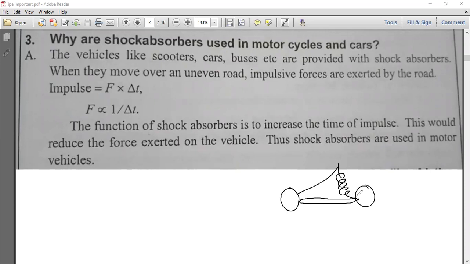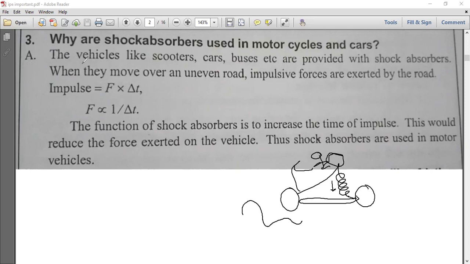And here is a seat, suppose, and this is just a rough diagram, and you are sitting here. So what happens when there is any uneven road? Suppose a road like this is there. So when it is going, first the spring, the jerk, whatever it is getting, is restored, and the time of that jerk will increase. Time of jerk will increase, and that's why we will not get that much jerk.